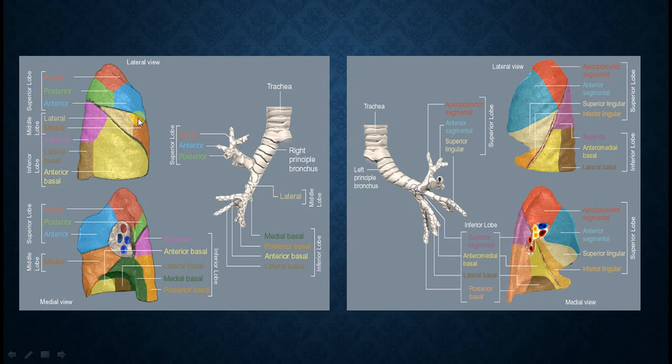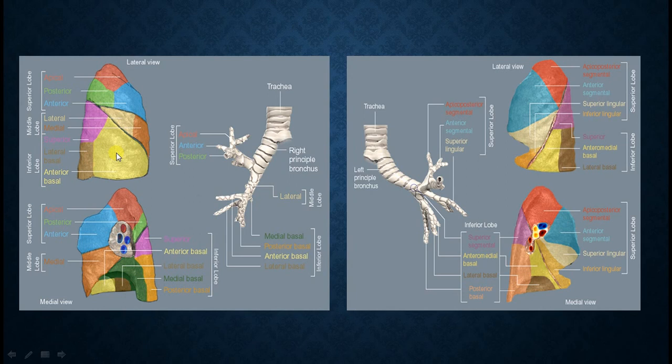For the middle lobe you have medial and lateral. 3 plus 2, 5, and the lower lobe again has 5 bronchopulmonary segments: medial basal, posterior basal, anterior basal, lateral basal and again apical. So right lung: upper lobe apical, anterior, posterior; middle lobe medial and lateral; lower lobe 5, apical, anterior basal, posterior basal, medial basal, lateral basal.